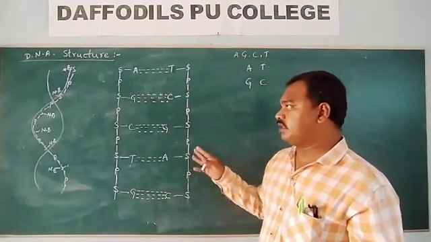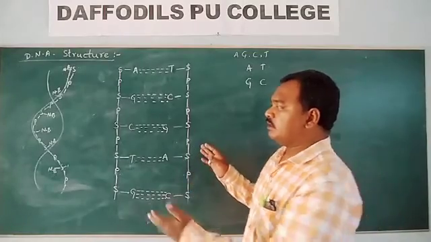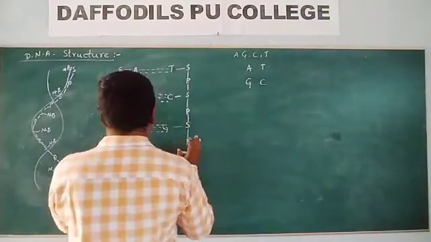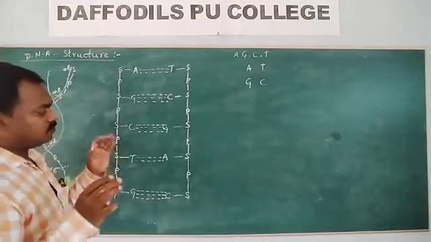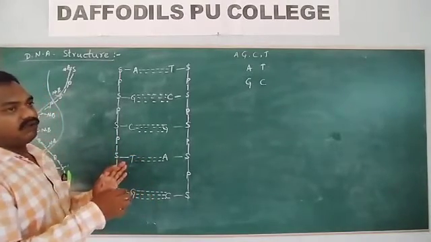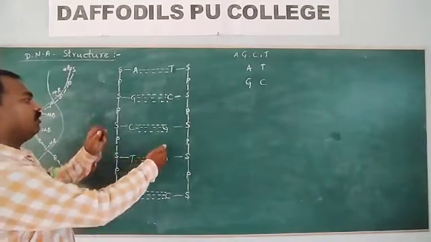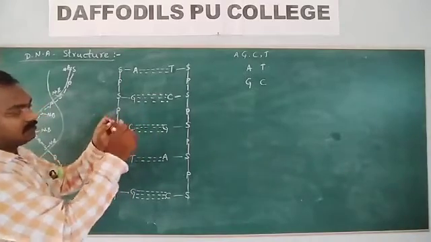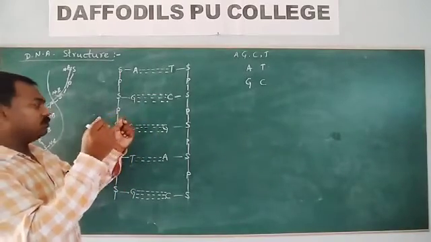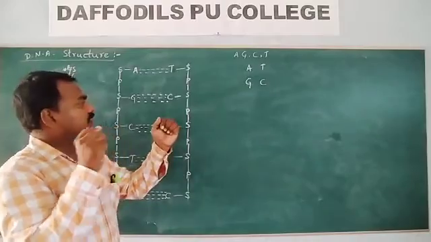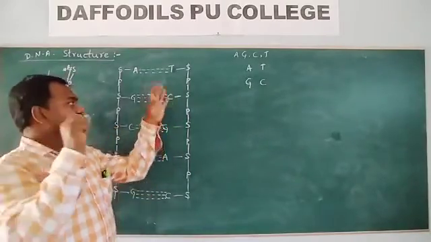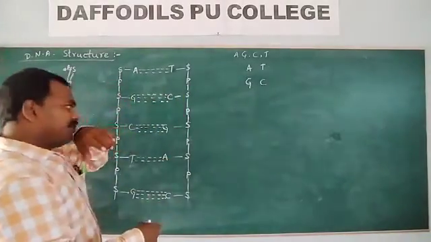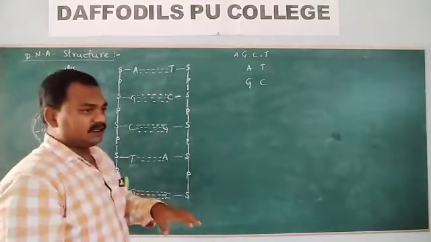After formation of all these hydrogen bondings, these two strands of DNA are going to become helical, that is, going to twist. Okay, in what direction is this going to twist? In the right hand direction. So suppose you consider this as a ladder.